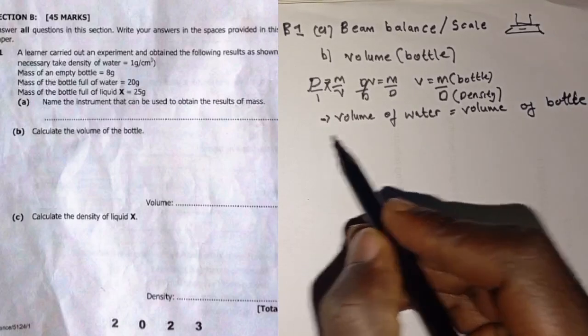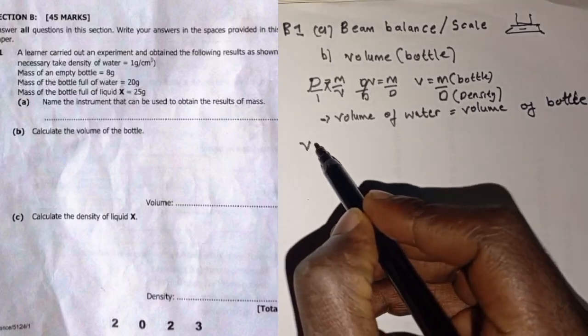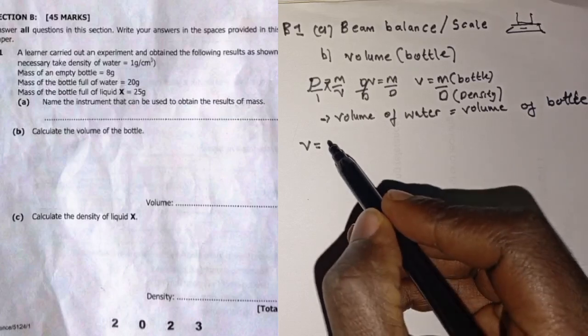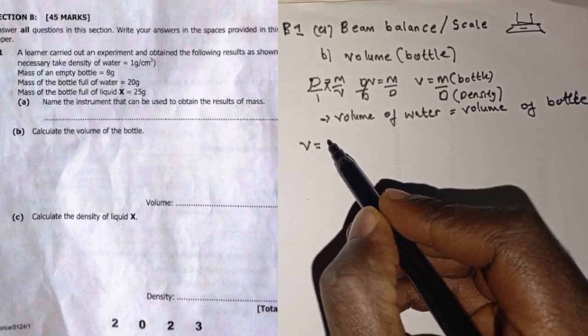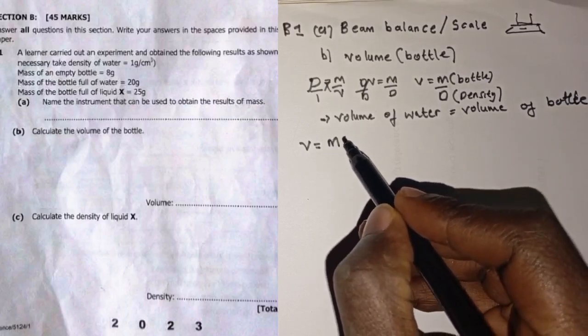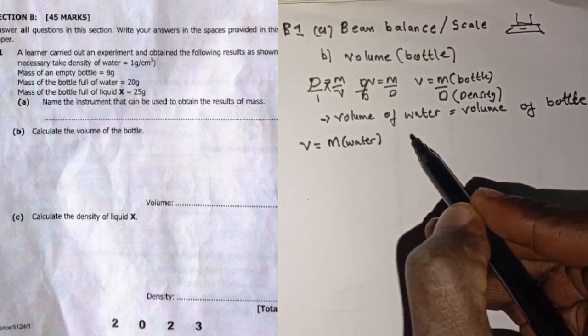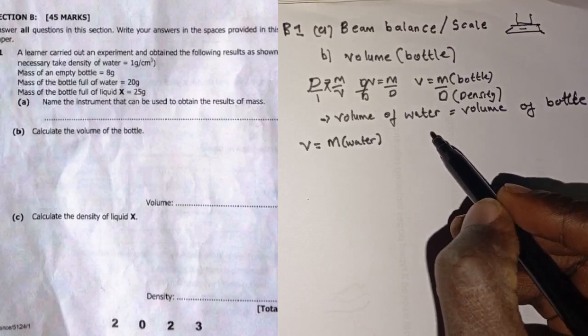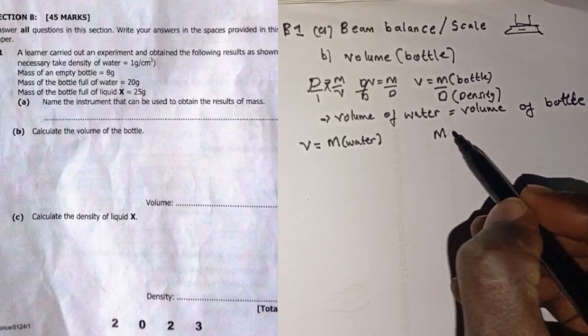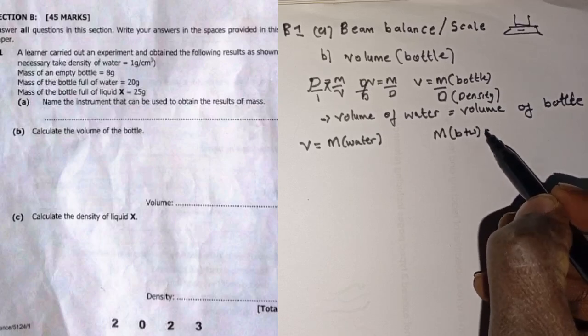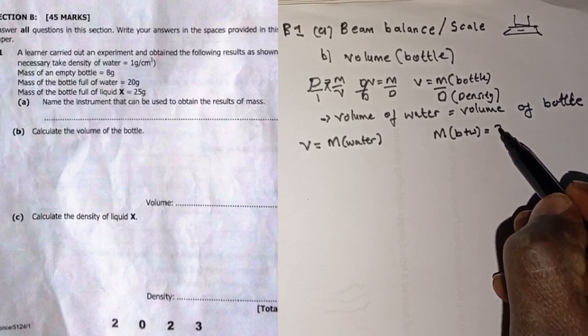Using this formula, volume is equal to mass over density. What is the mass of water? The mass of both bottle and water is 20 grams.